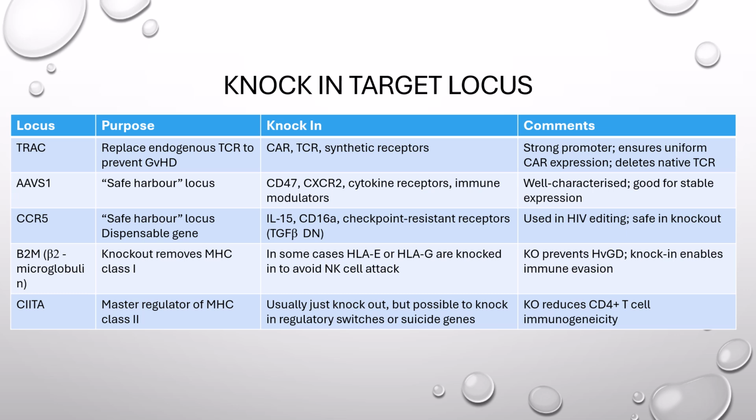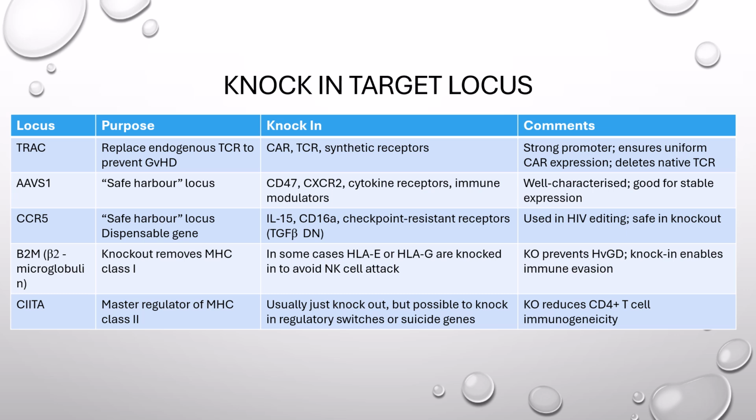So you knock it out first, and then you knock in the gene that you are interested in, and you have strong promoters. You get uniform CAR expression, and you want to delete the native T cell receptor.